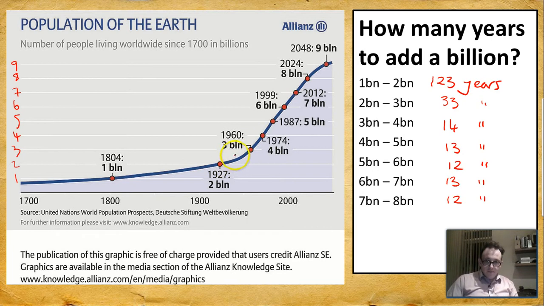Around this area here, population explodes. We call this a population explosion, where the population starts to increase really rapidly. You can see the change in the rate of growth here. Up to about 1927, the world's population had been increasing gradually.